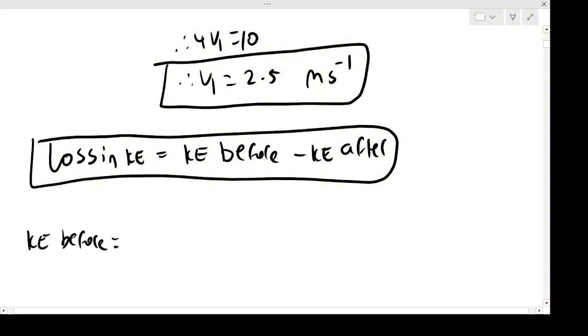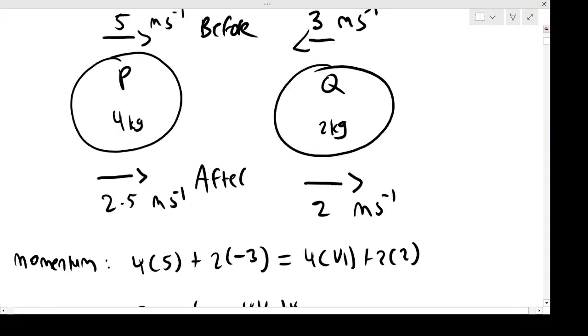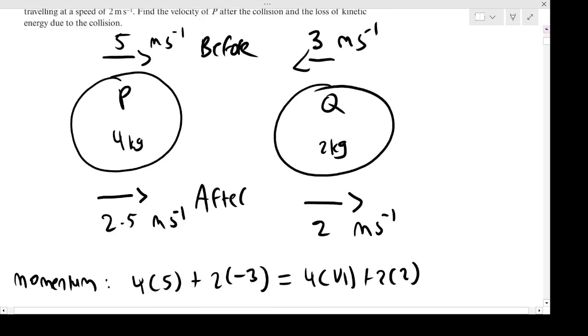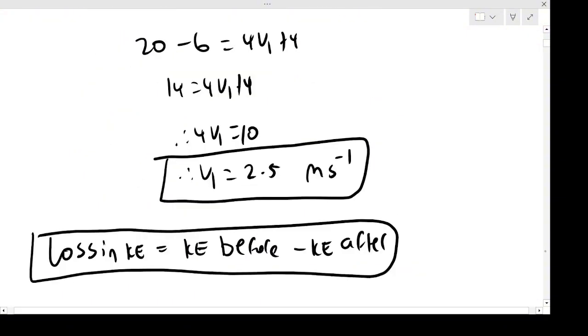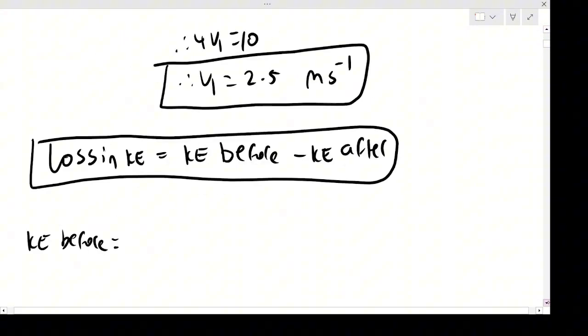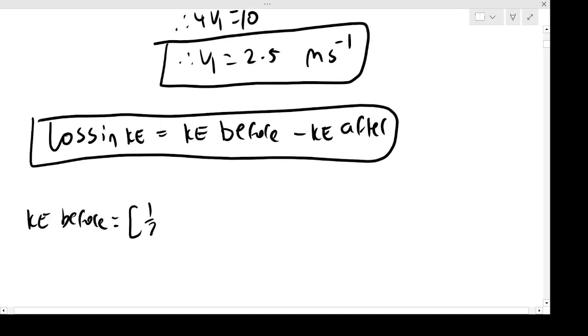What we can do is look at both the particles before the collision. For P, the speed is 5, and the mass is 4, so it's going to be a half times 4 times 5 squared, because remember, kinetic energy is a half mv squared. Make sure you remember that. We looked at that in chapter 2.